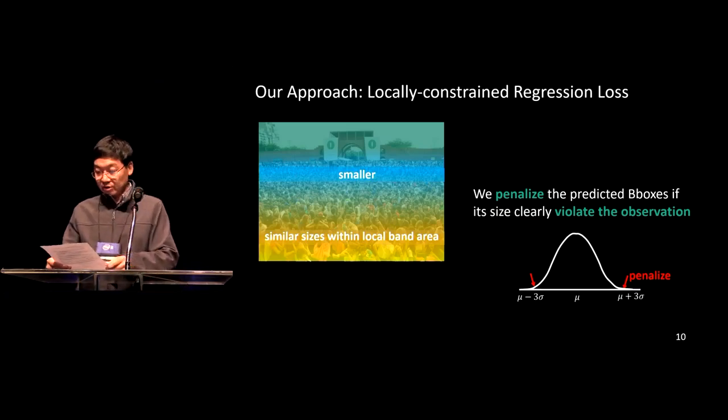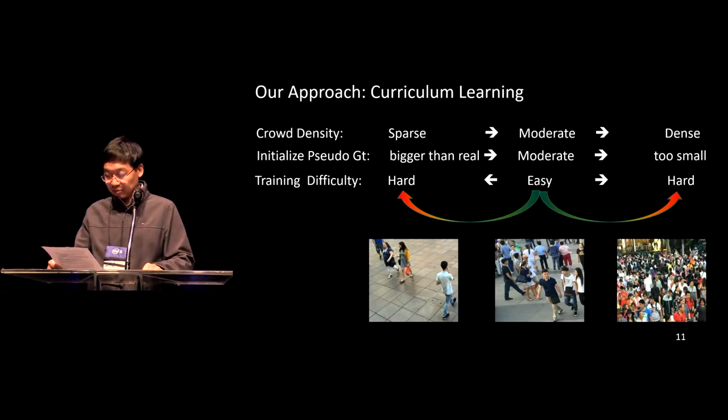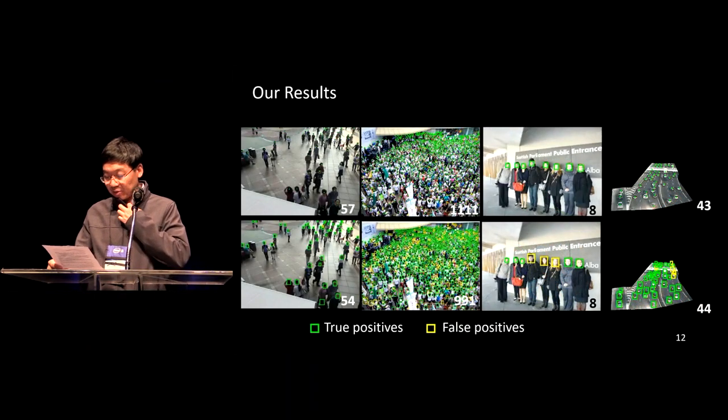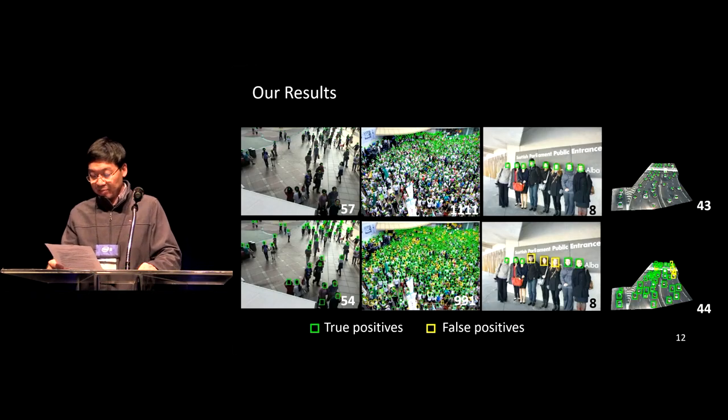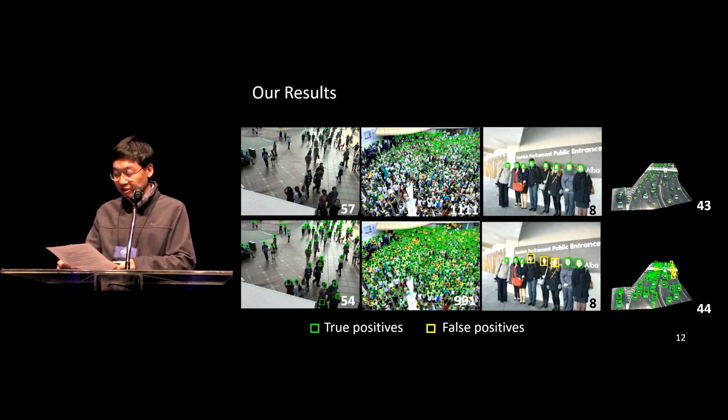We also adopt a curriculum learning strategy to learn from easy to hard, with medium density images first. Here are some examples of our method. Beyond counting persons, our method can detect objects in natural scenes, irrespective of their category.